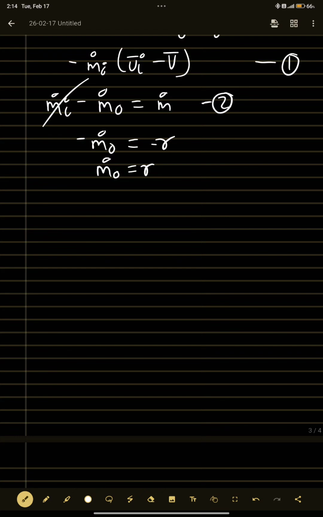Control volume. Fixed volume, control volume, not necessarily fixed, it can also be deformable, depending on the problem. But yes, in a control volume, which comprises this rocket and this particular boundary, you can have mass crossing the boundary.